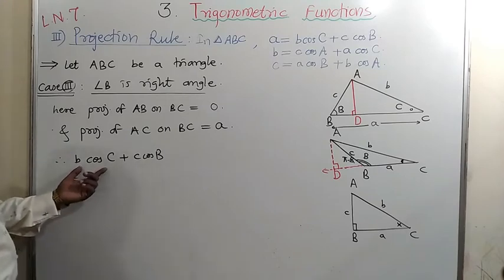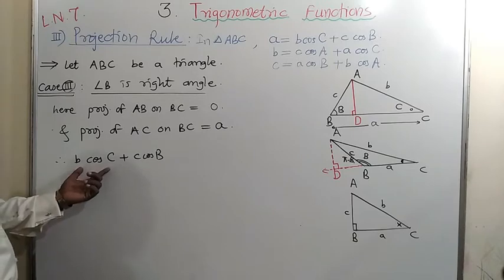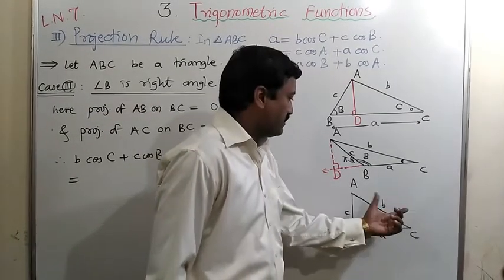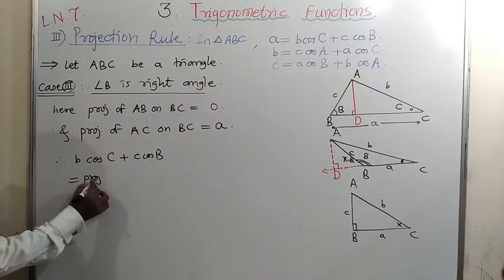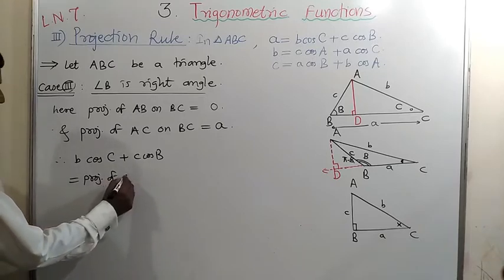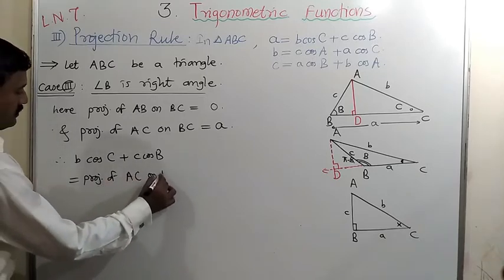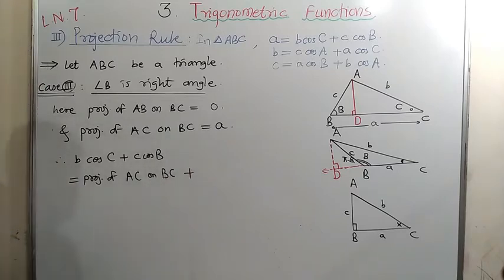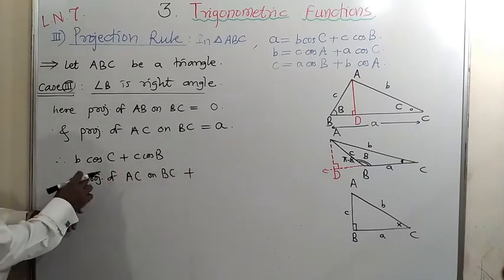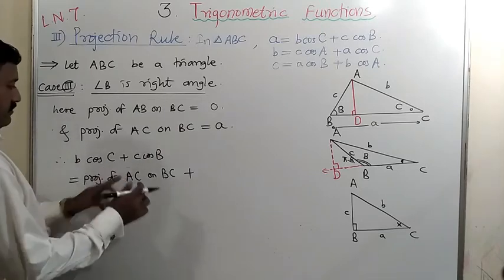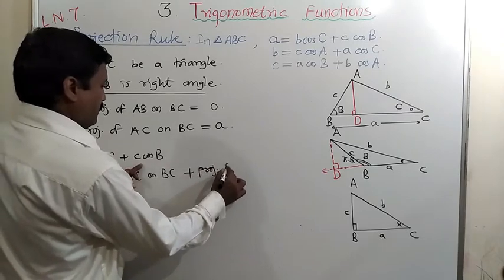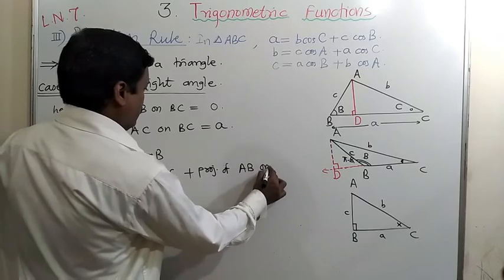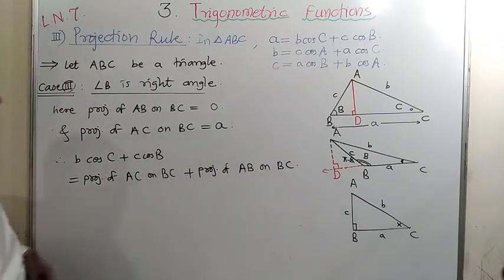It is nothing but the projection of AC on BC, plus c cos B, which is the projection of AB on BC.